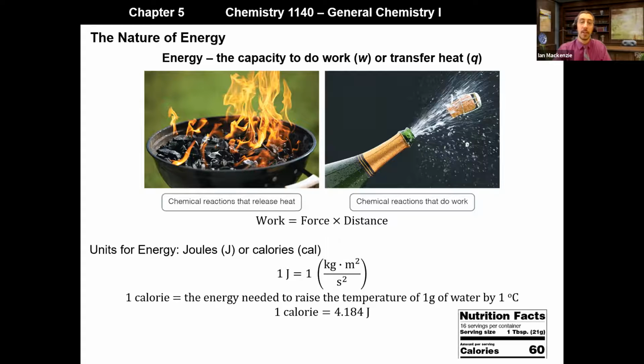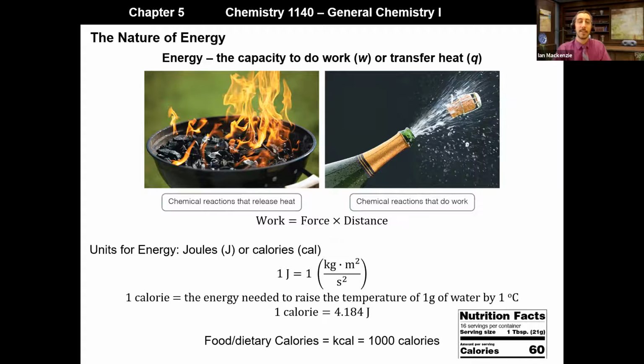Additionally, you may have heard of calories and say, oh, I know what that is. We see calories on food labels all the time. But we have to stop for a moment, because unfortunately, in the wisdom of the food industry, the calorie that is listed on the box is not exactly the same calorie as what we're talking about here.